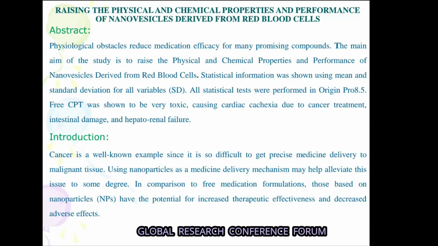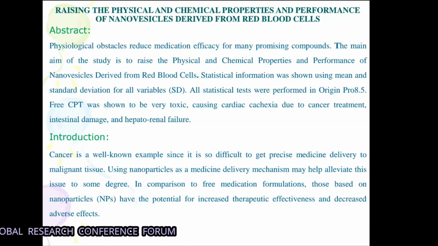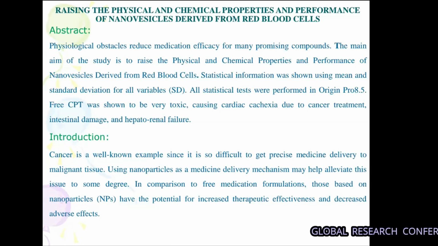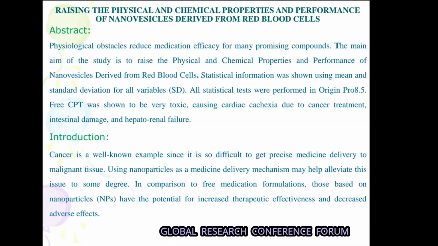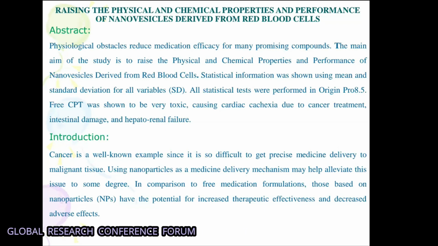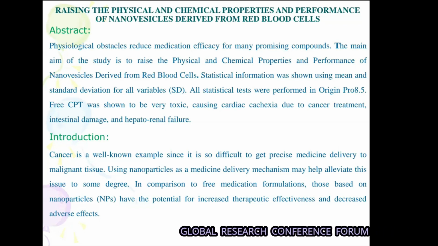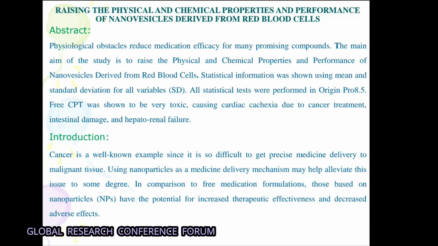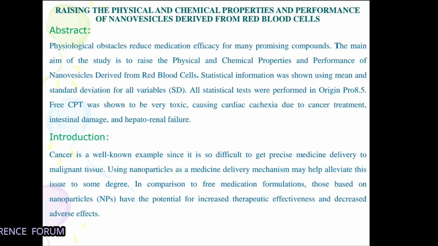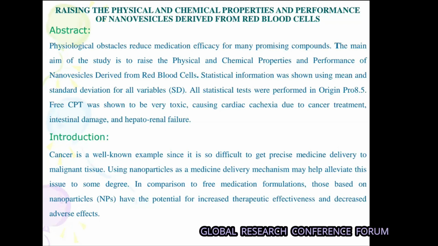So the conclusion is that free CPT was shown to be very toxic, causing extensive damage to the liver and kidney, intestinal toxicity, and an inability to forestall cancer-induced weight loss due to cardiopulmonary dysfunction. Most importantly, it was easily flushed out of the body, which accounted for its weak tumor suppressing and overall life-threatening effects.